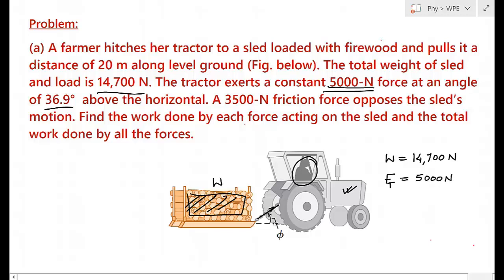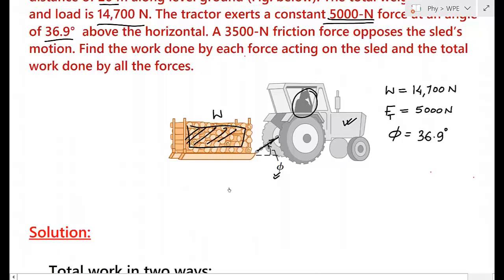This force makes an angle phi from the horizontal, and this angle is 36.9 degrees. We are also given that he pulls by a distance of 20 meters. Initially it is here and then finally it moves by a distance s of 20 meters.